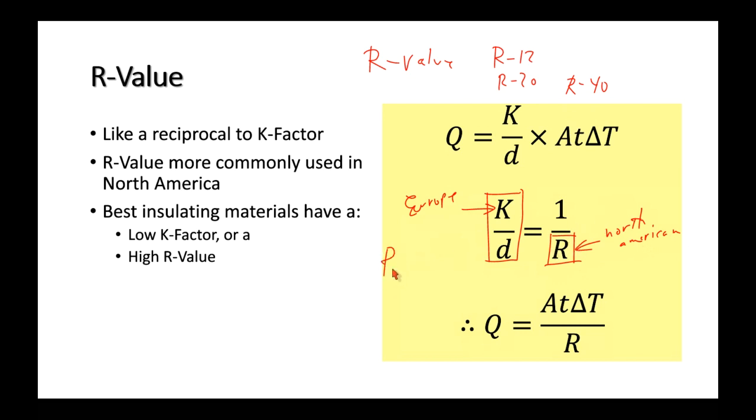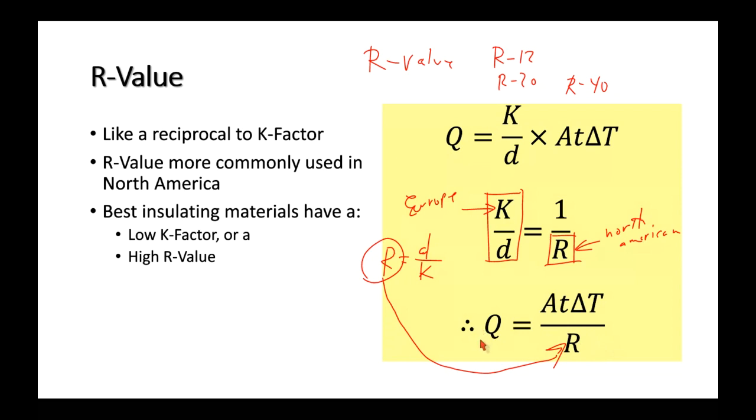R, in fact, is equal to D, the thickness of the material, divided by its thermal conductivity. Okay, it's the reciprocal. And because R is D over K, then we can replace K over D with R, but R then has to go into the denominator.